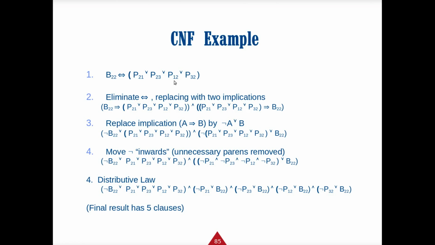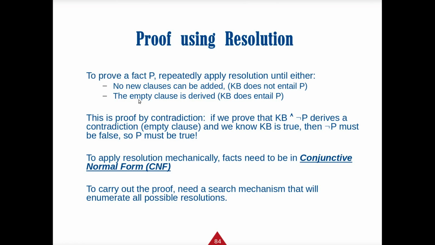This is the same example as before, but instead of trying to come to different conclusions, we want to do different proofs. So we want to see if the previous statement was actually true.